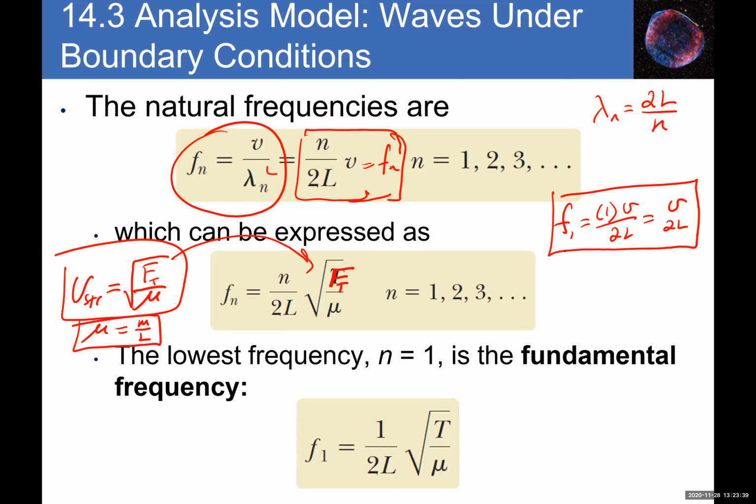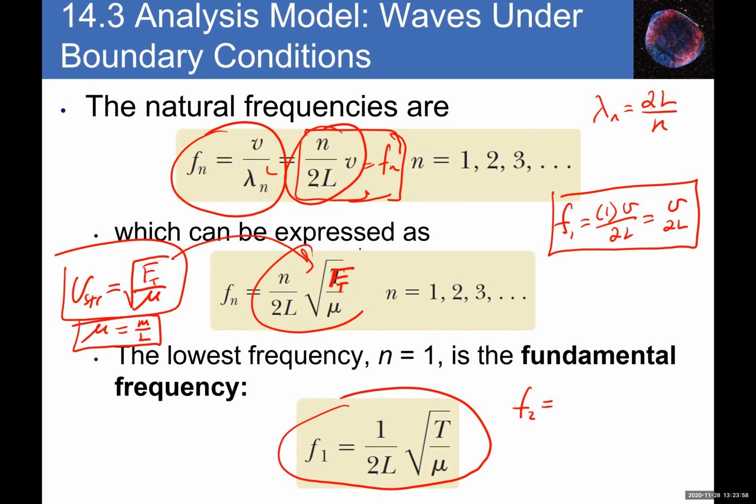Okay, but here's one interesting thing. This is the fundamental where N equals 1. So that's basically the fundamental equation. And then, for example, the second one, F of 2, is equal to N over 2L times V, or N over 2L times the square root of F of t over mu. Let me just write V for a second to make it a little bit shorter. So this becomes 2 times V over 2L.